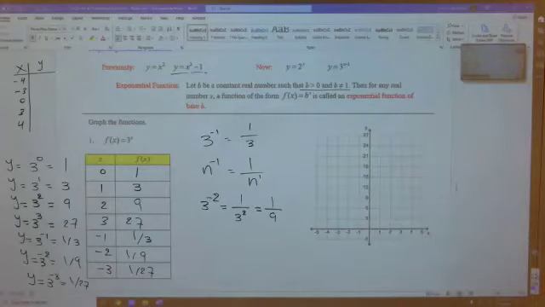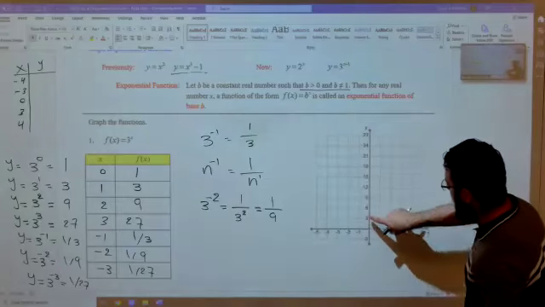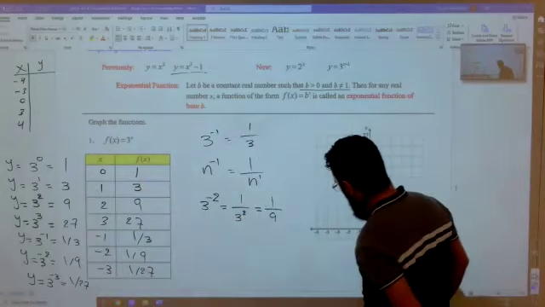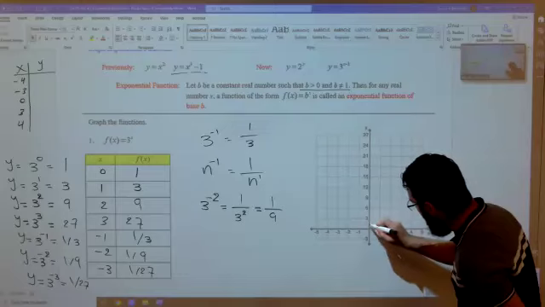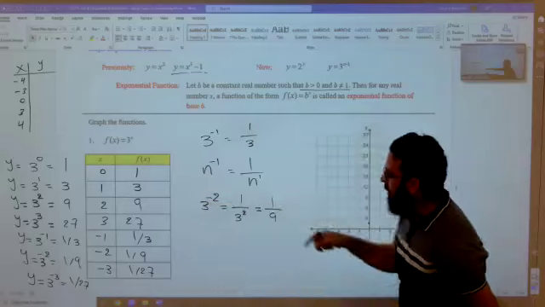Now we need to graph these points. Now for the positive, it's easy. Let's check here, 3 until 27. So 0, 1. That means 0 could be here, right? 1, 2, 3. 1, 3.